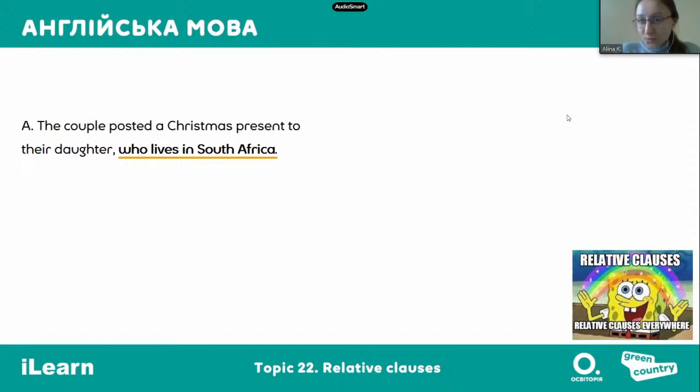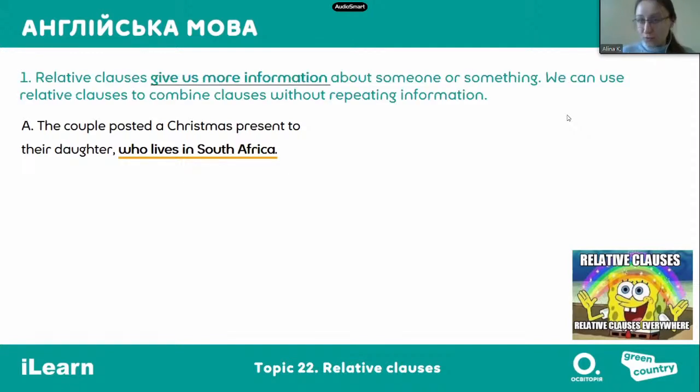In other words, we can say that this relative clause gives us more information about this daughter, about someone or something in the main clause. That's why we call it a relative clause. It relates to that, but its function is that it describes, it gives more information about someone or something in the main clause.